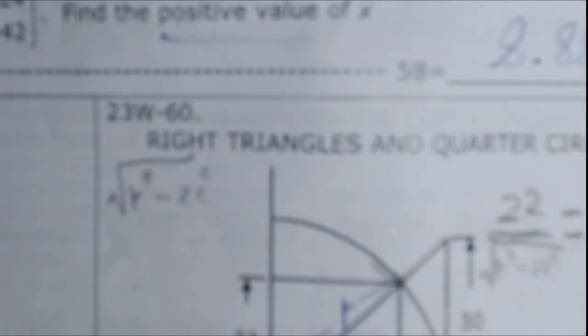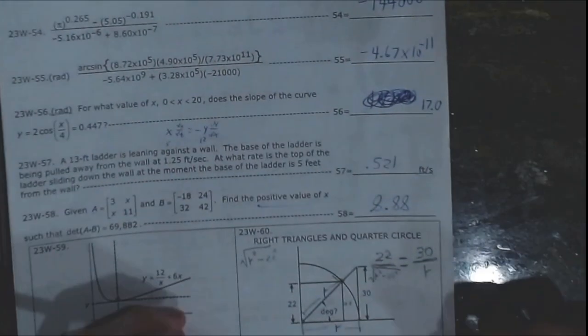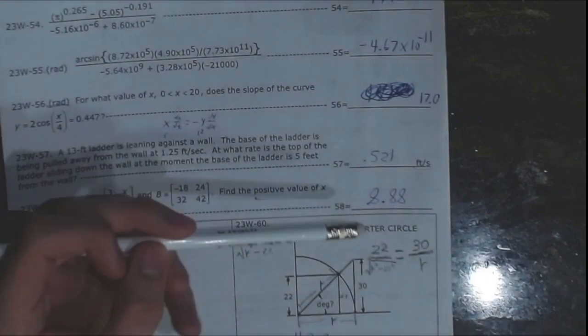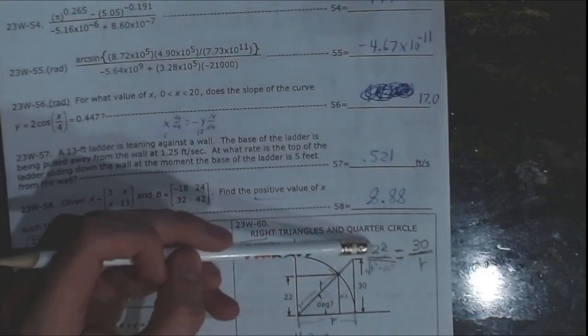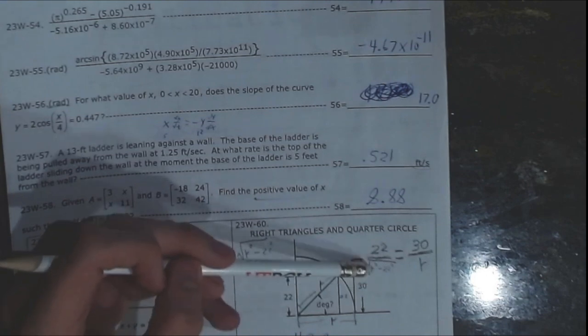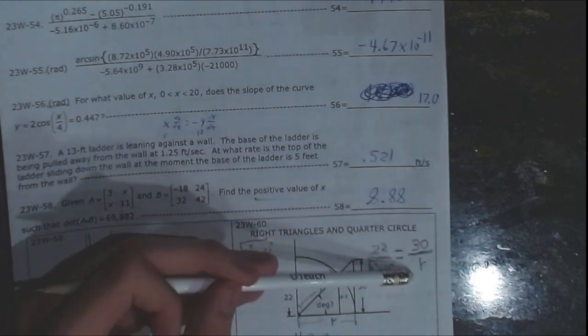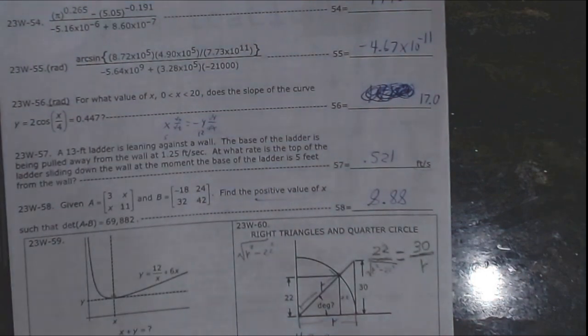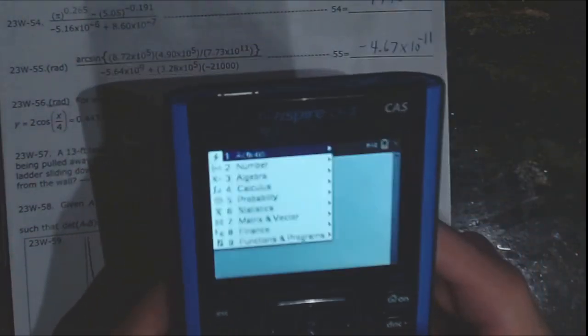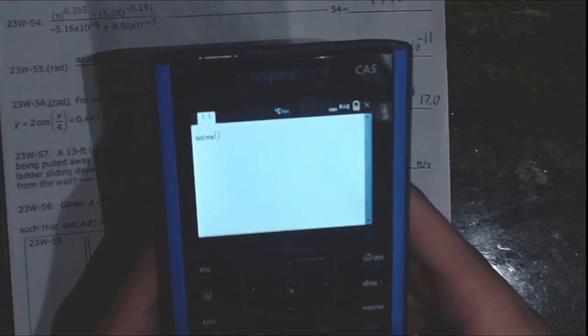Kind of hard to see. It says the square root of r squared minus 22 squared. So I have the ratio of my small triangle's height and base is equal to the ratio of my big triangle's height and base. So I can use nsolve to solve for my value of r.